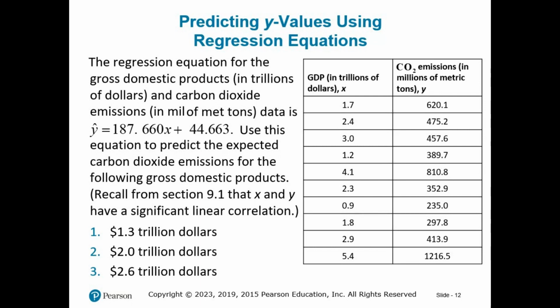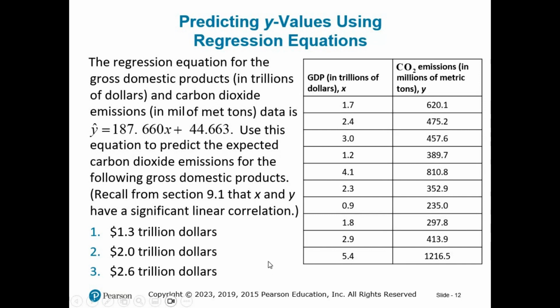The regression equation is only meaningful for values that are within the range of what has been observed and recorded before. I can't go below 0.9 or above 5.4, but anything else within that range that I haven't already observed specifically, I can put in an x value and predict a y value for that x.